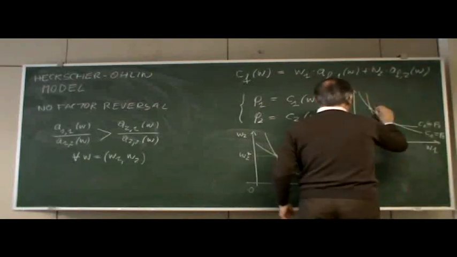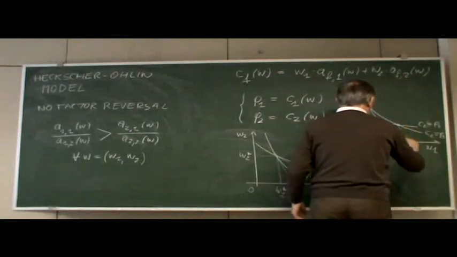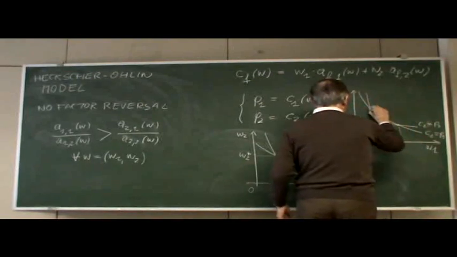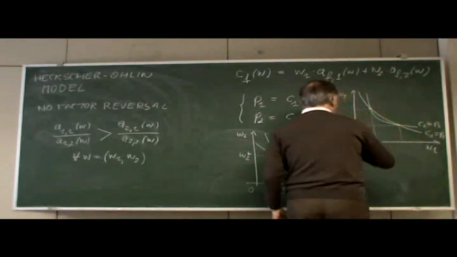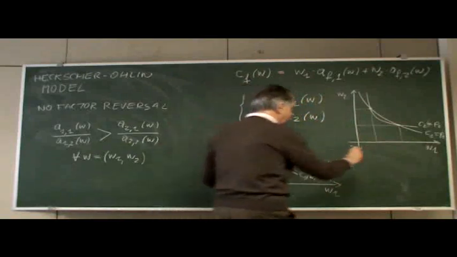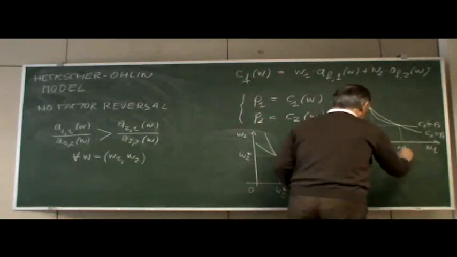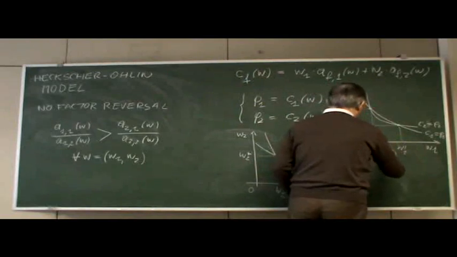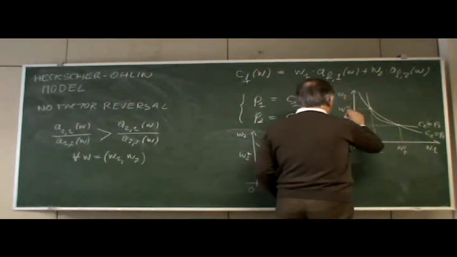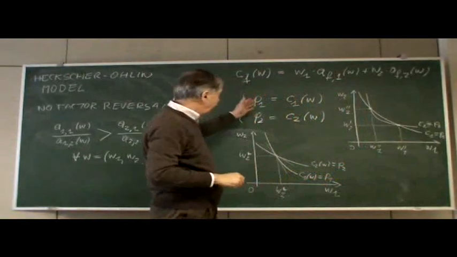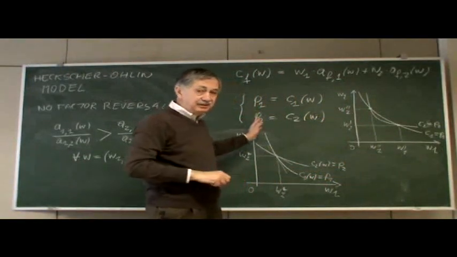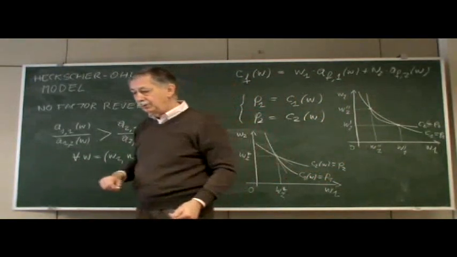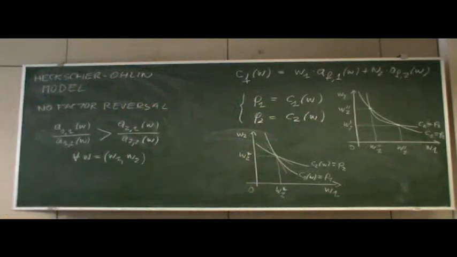Therefore, note that there are two different factor price vectors, say W'1, W'2, W''1, W''2, which are solutions to this system of equations.